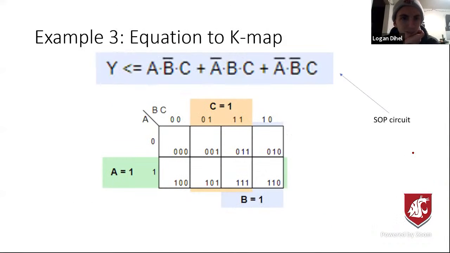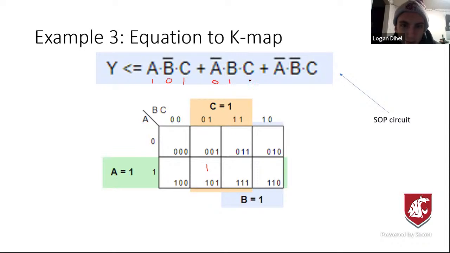So here's an equation to K-map example. With this one, if A is a 1, B is a 0, and C is a 1, then the output's going to be a 1. This is an SOP circuit, so this is how it works. If we look for the 1, 0, 1 spot, that's right here, so we put a 1 there.